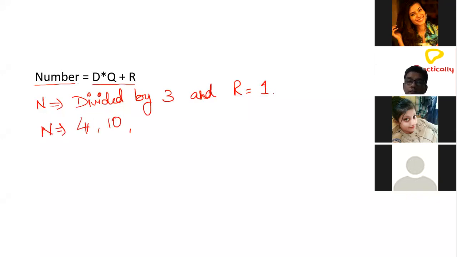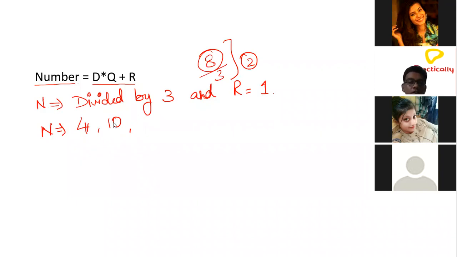Sanjana, multiples of 4? Are you sure, Sanjana? Because 8 is a multiple of 4. When I divide 8 by 3, what is my remainder? 2. Okay. So not all multiples of 4. So 4, 10. Yeah, Stuti.